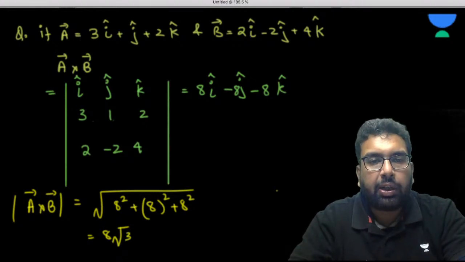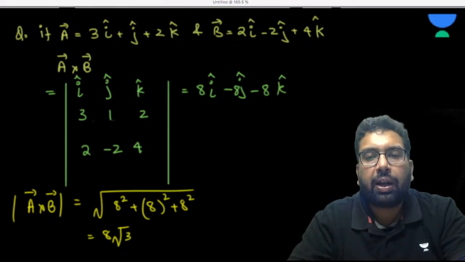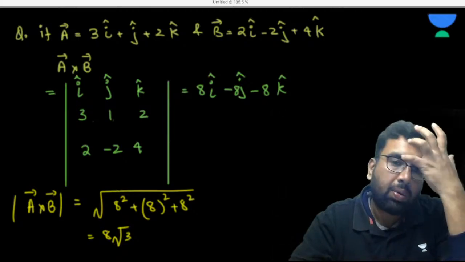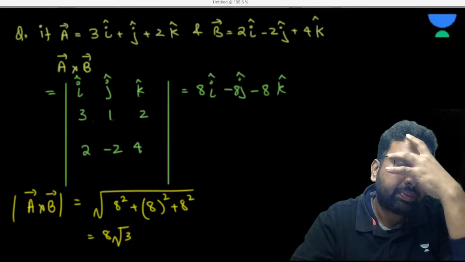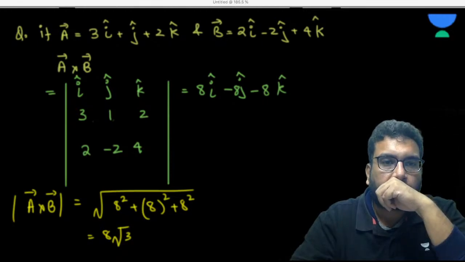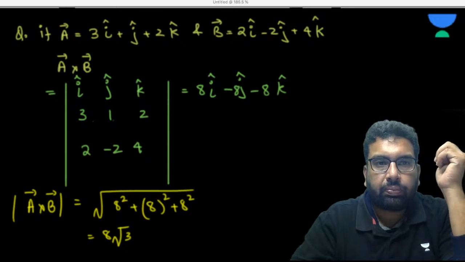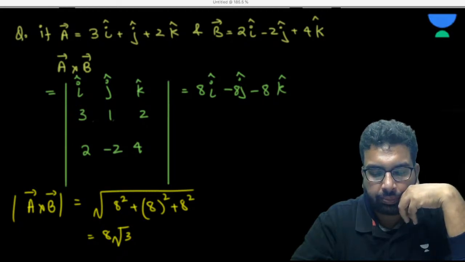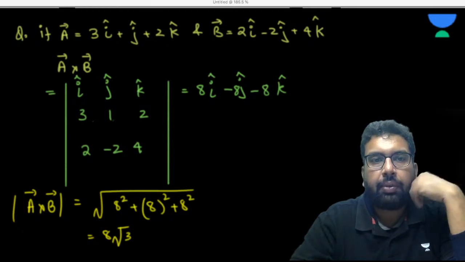Okay. Now, did you get this thing or not? How to do the vector? Please tell me, did we get it or not? How to do this vector product? Yes or no? Please answer me something, Beta.